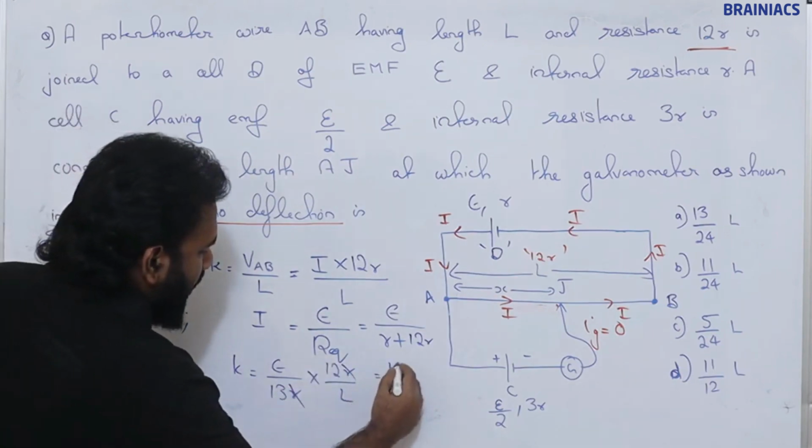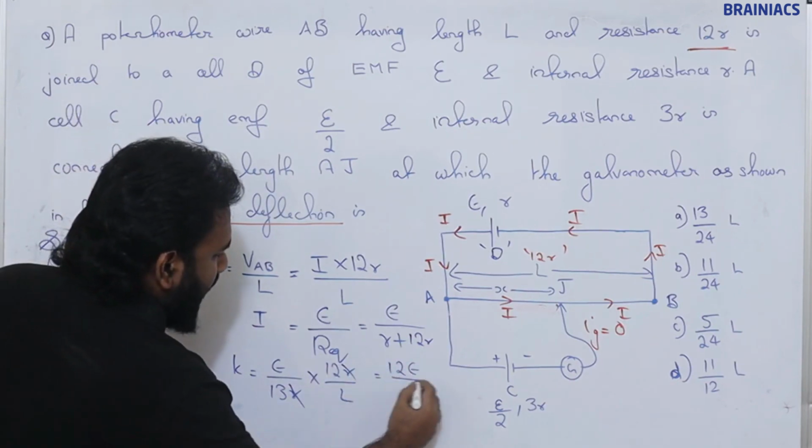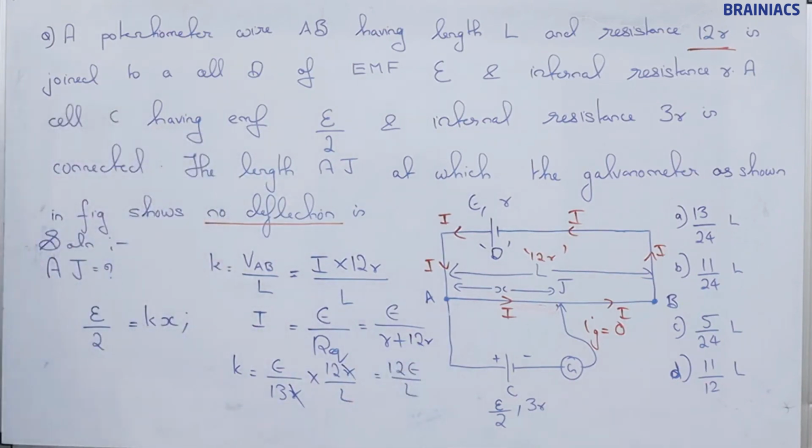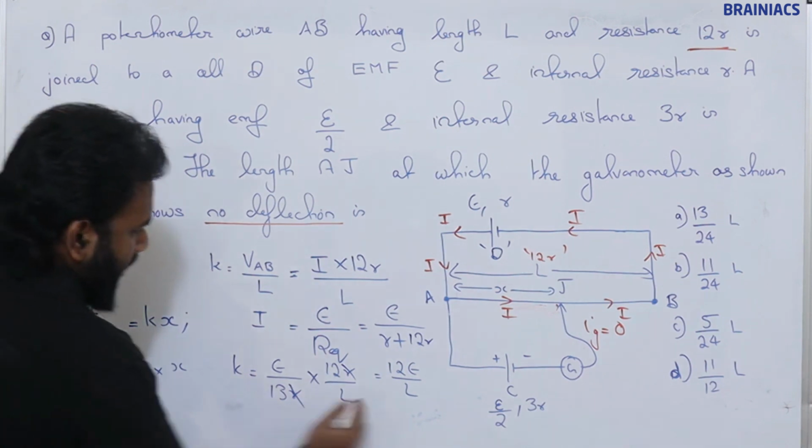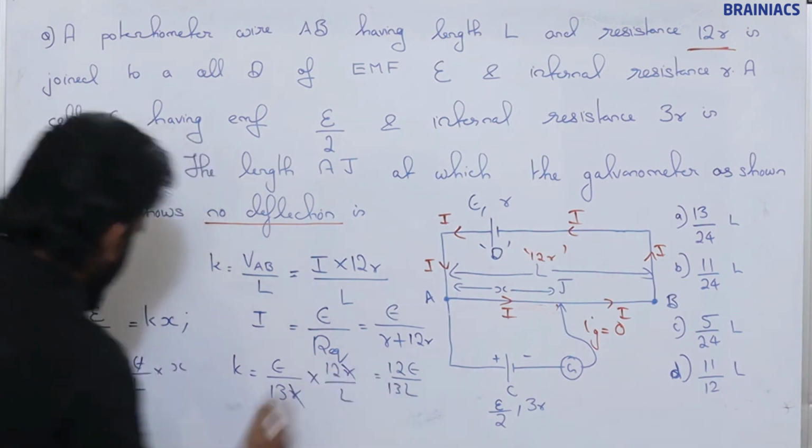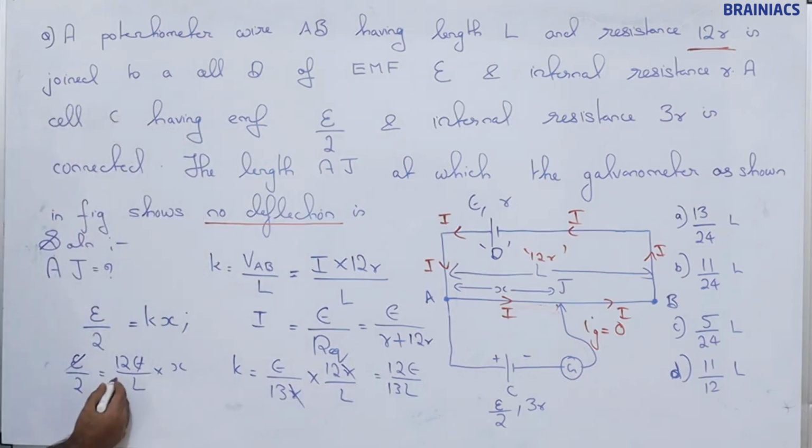This is going to be 12E divided by L. Now we substitute: E by 2 is equal to 12E divided by L into X. So E cancels, and 13 is here.